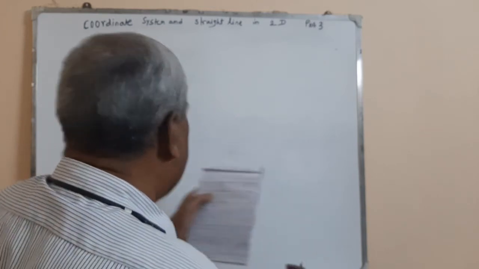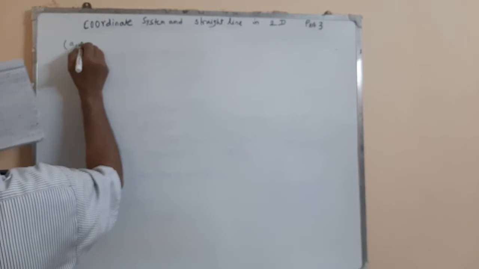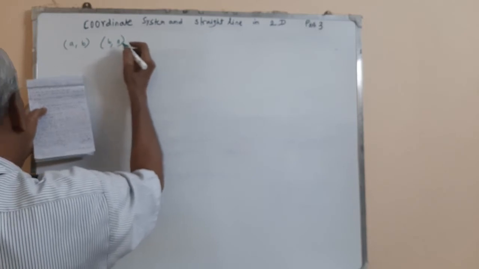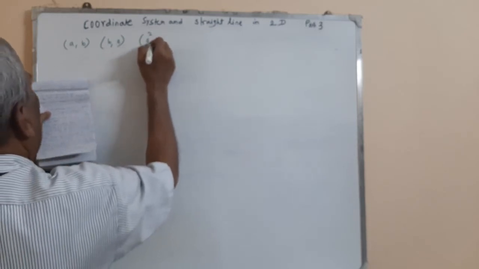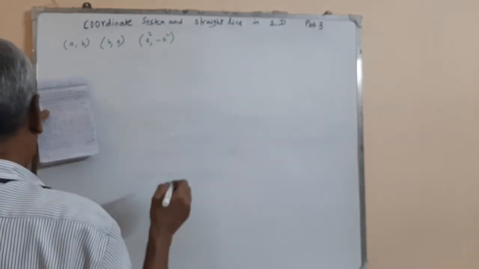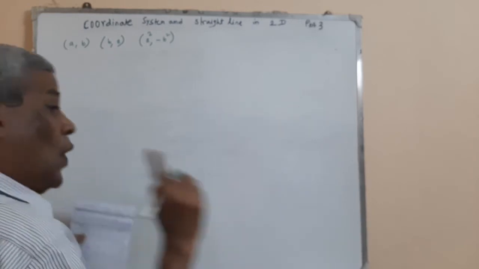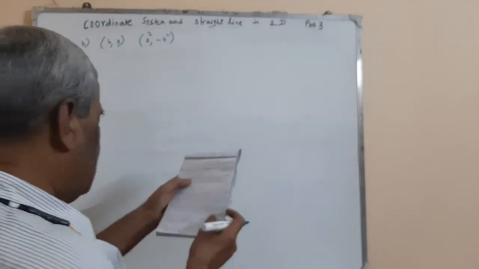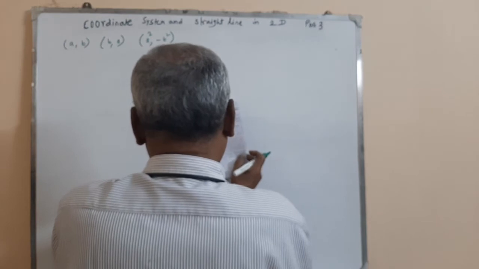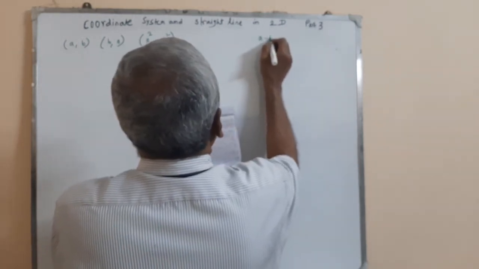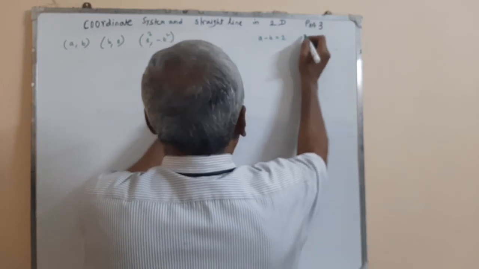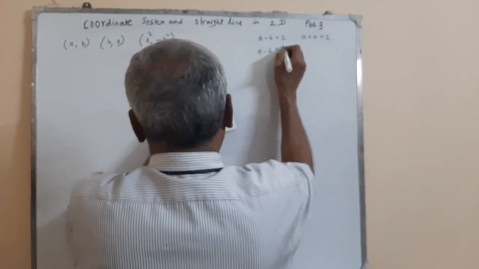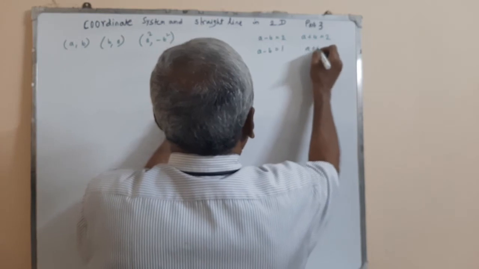One possible condition that A comma B, B comma A, and A square comma minus B square to be collinear, one possible condition that these 3 points will be collinear is: number 1, A minus B is equal to 2; A plus B is equal to 2; A minus B is equal to 1; and A plus B is equal to 1.